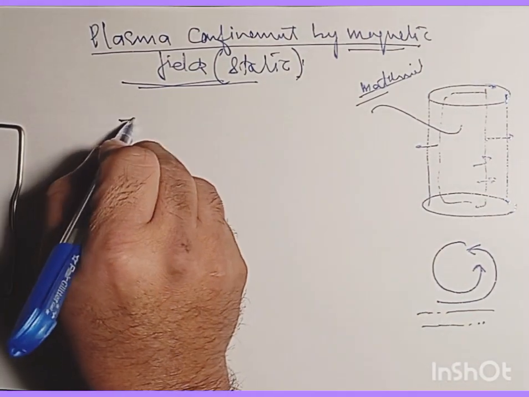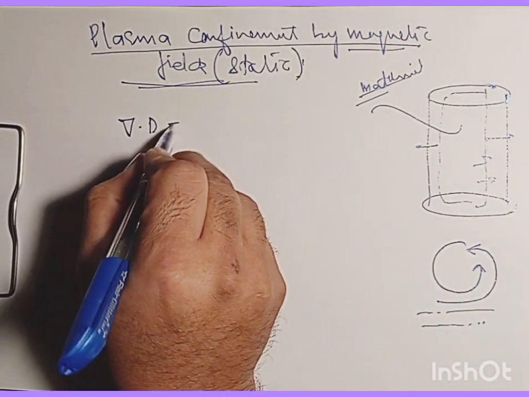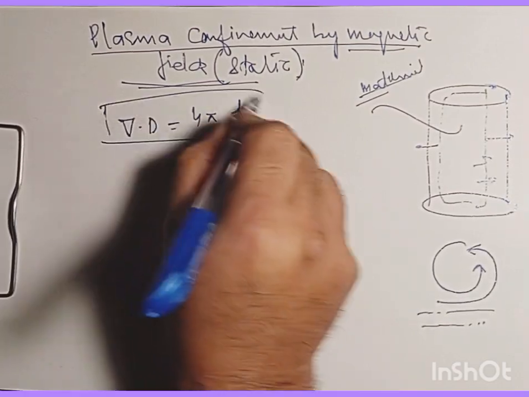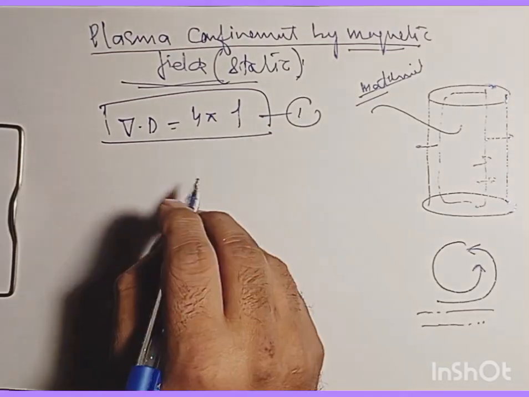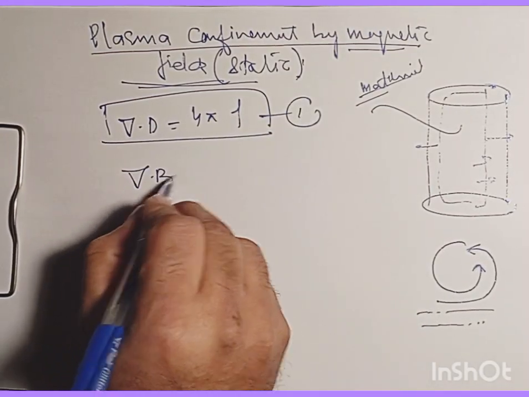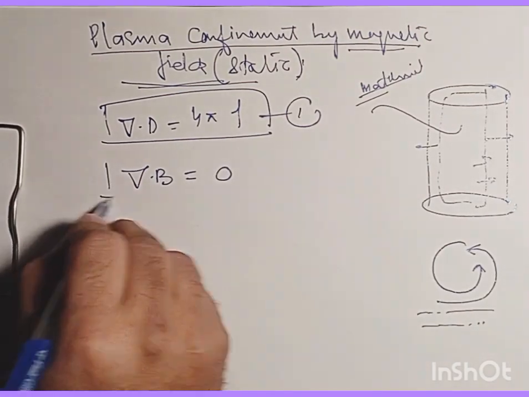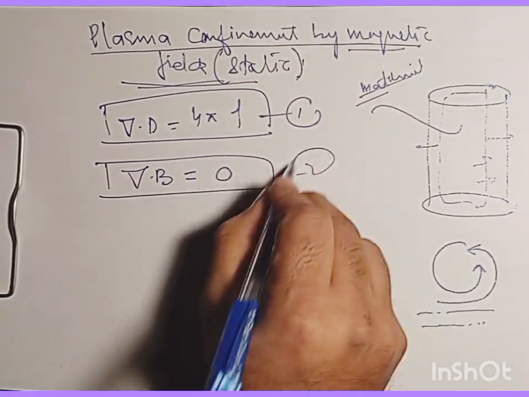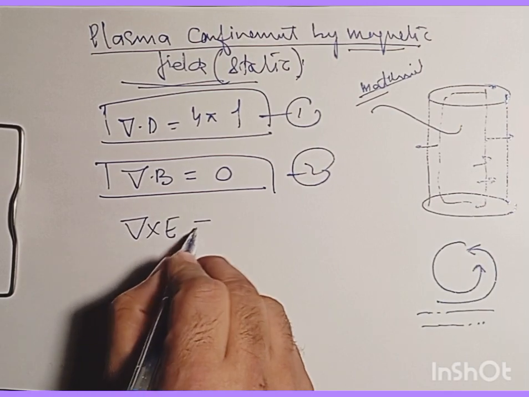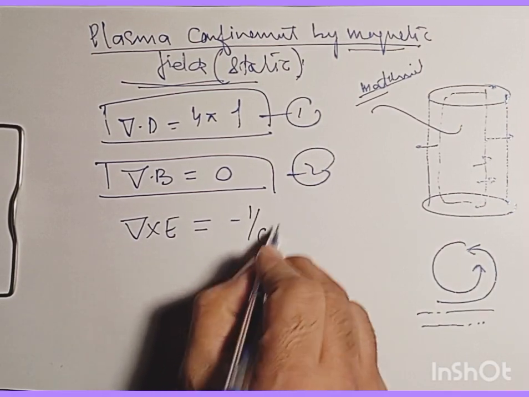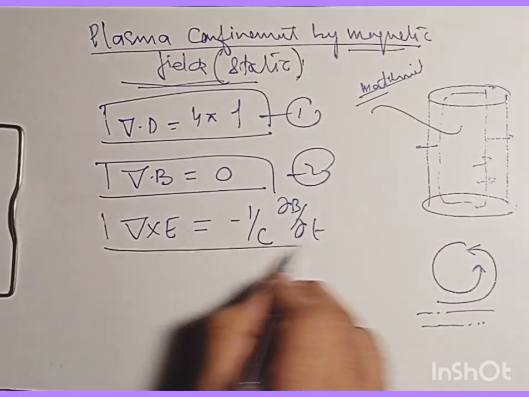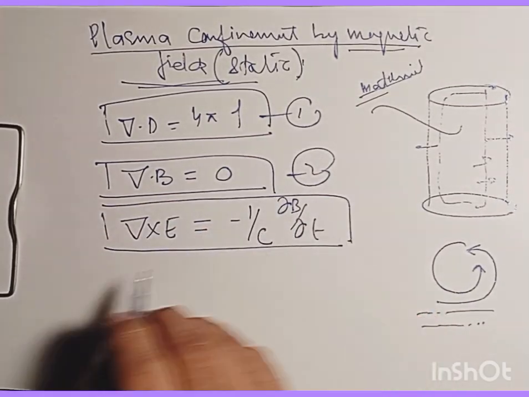So we have divergence of D is 4 pi rho. This is my equation 1. Then I have the divergence of magnetic field equal to 0. Then curl of electric field is minus 1 by c dou B by dou t, so this is our Faraday's law.